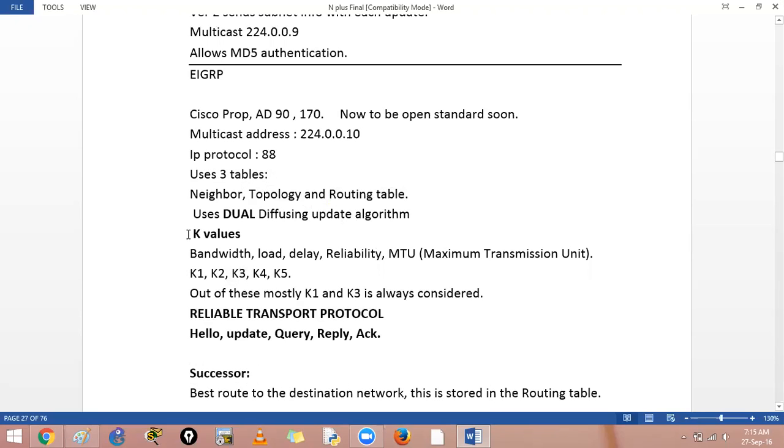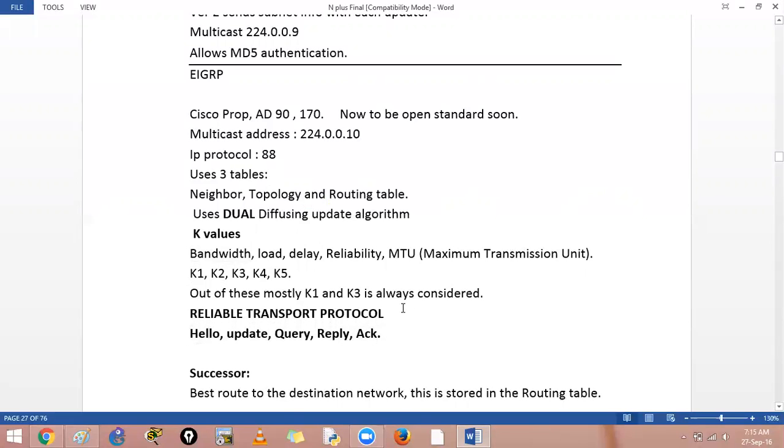Technically, there are 5 K values in CCNA for us to understand, but the moment I show you the packets, there will be a 6th K value also. That will be the hop count. So EIGRP is better compared to the other routing protocols. Why? Because it understands many things, but by default it is tuned to understand the bandwidth and delay of the link. And EIGRP uses its own protocol.